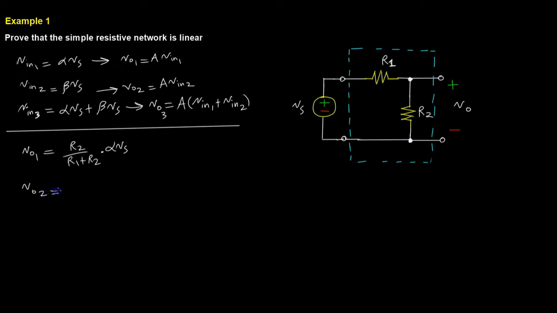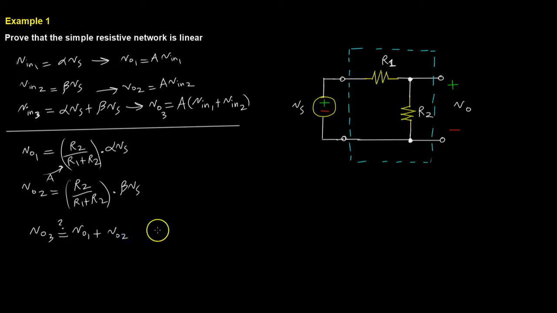The output is going to be R2 over R1 plus R2, which in this case would be our A, the system gain or attenuation, the same A here. And the second input is going to be beta Vs. Now the question is: is Vo3 equal to Vo1 plus Vo2? That's the question.